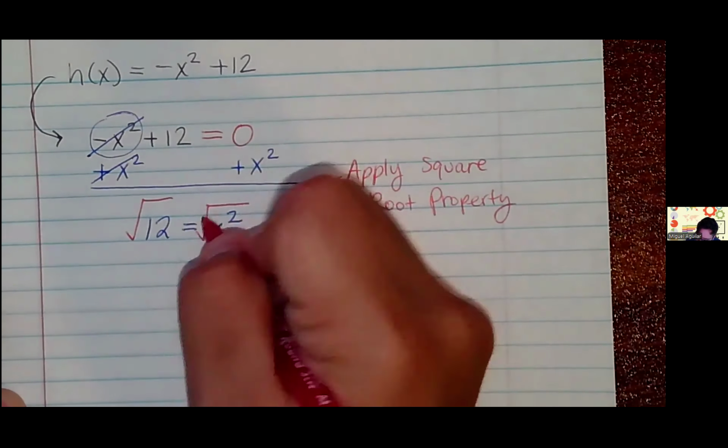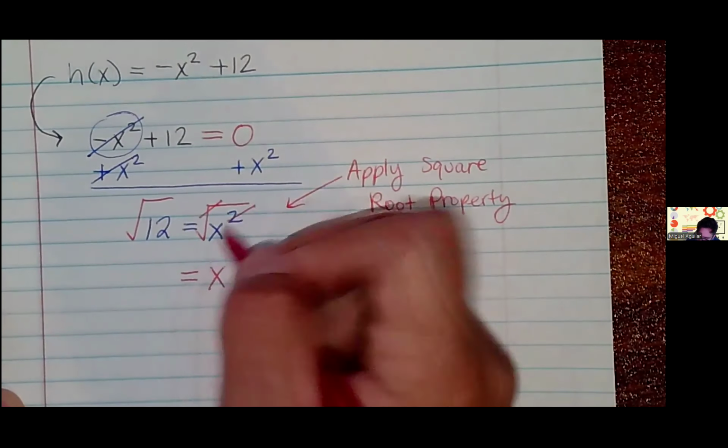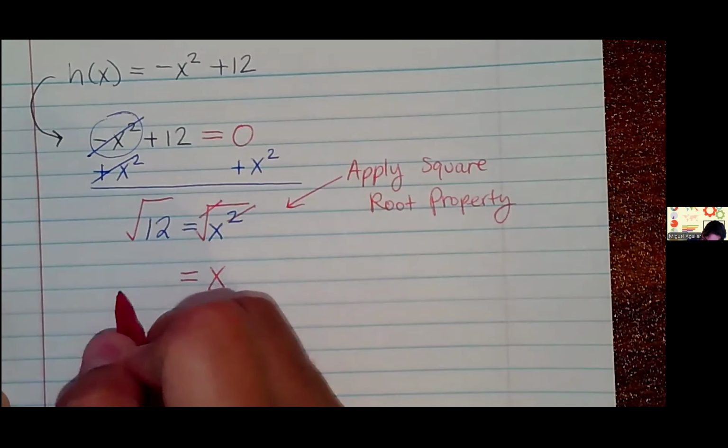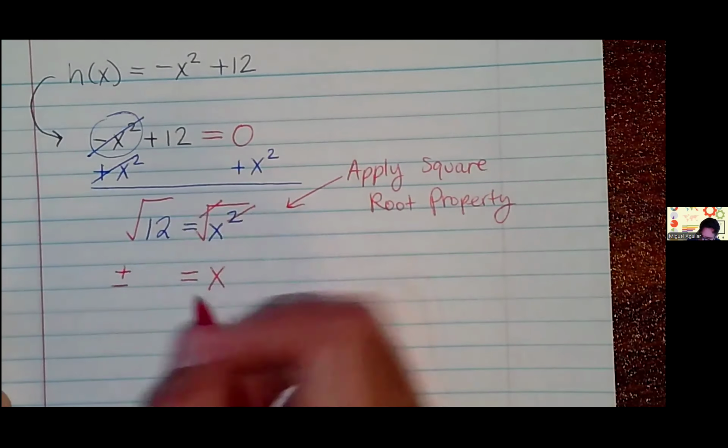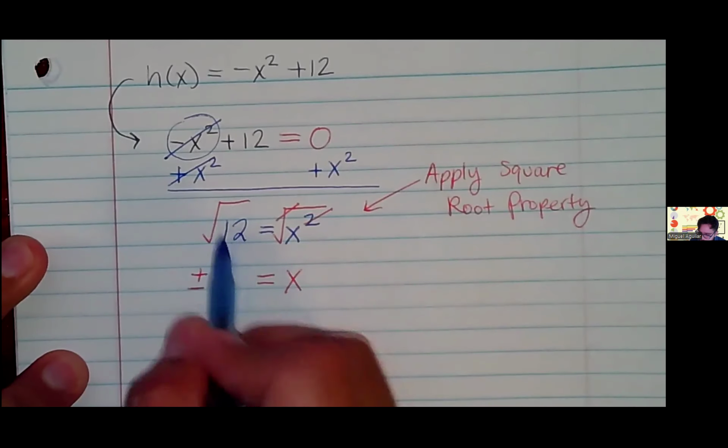We know the square root cancels out the square. So I'm going to have x is equal to, and then on the opposite side of the x, we always put a plus or minus, and then we simplify the square root of 12. It might look a little bit different because it's on the wrong side of the equal sign, but it's the same process. Okay, so is this a perfect square?